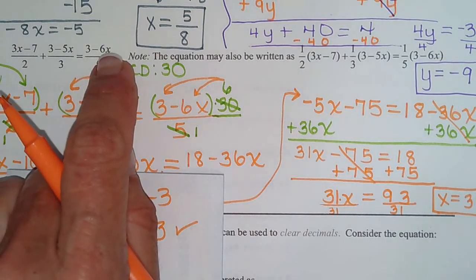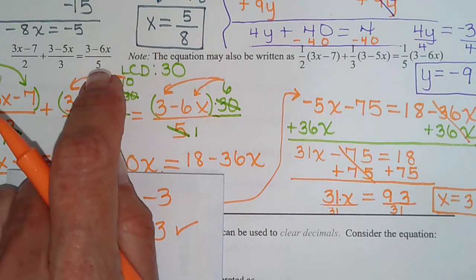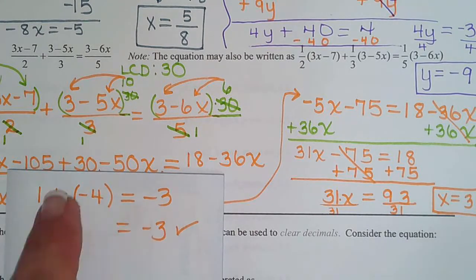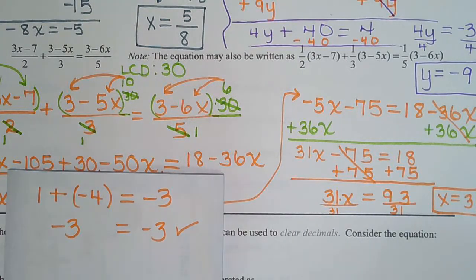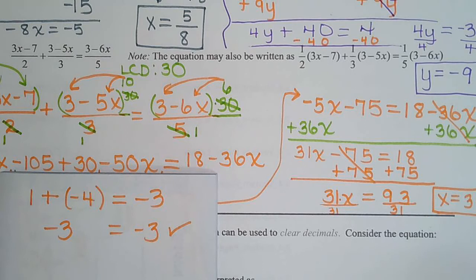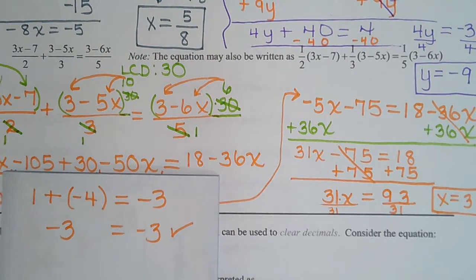And then 3 minus 18 is negative 15 divided by 5, negative 3. This side gave me negative 3, that side gave me negative 3. So your checks don't have to be formal unless they ask you for them to be formal. You can just do a little spot check just like I did.